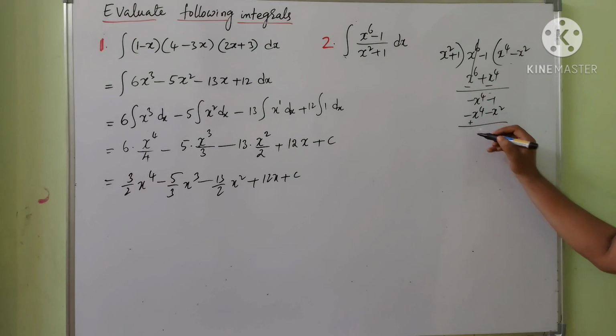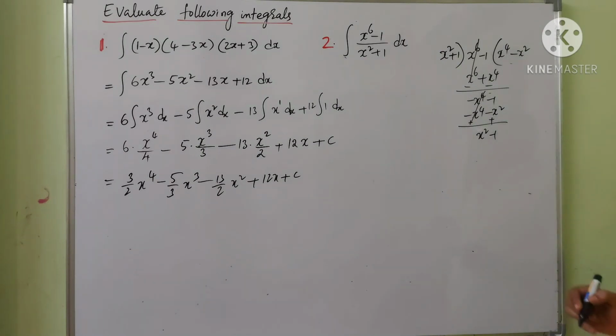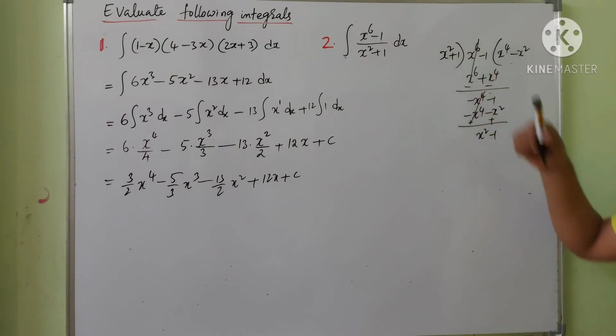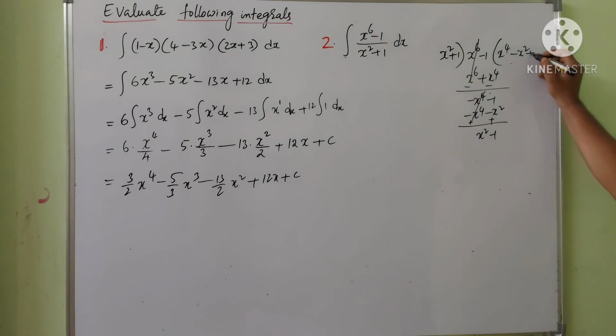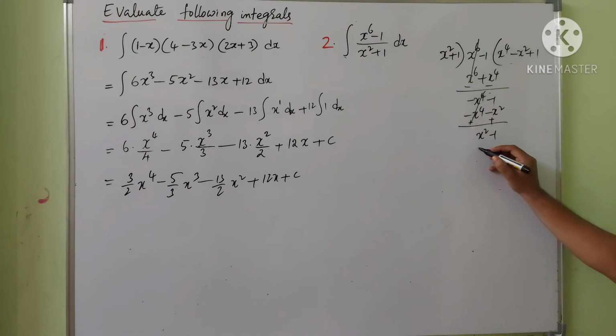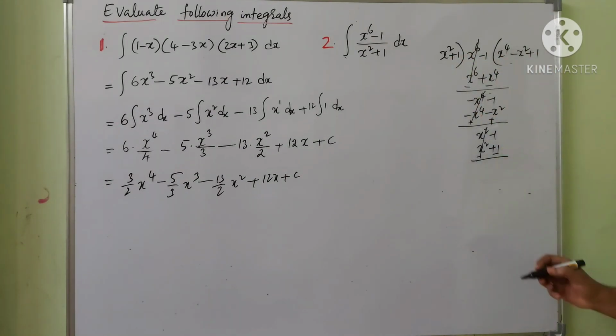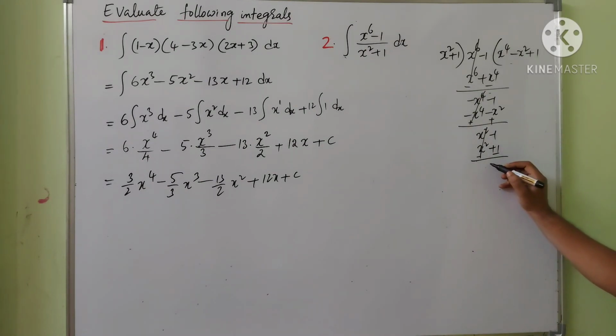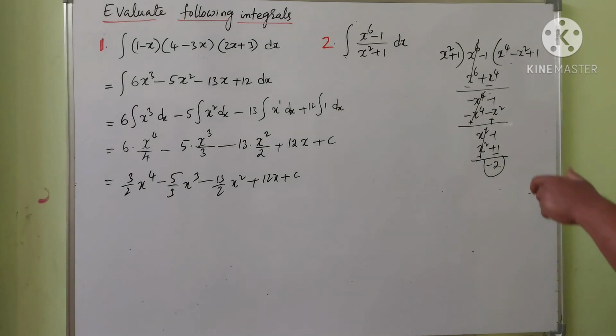Subtract; when you subtract, it becomes plus, it becomes plus. These two get cancelled. This is plus x square minus 1. Now this is x square and this is also x square, so just multiply with 1, you will get x square plus 1. Subtracting, minus minus cancel, you will get minus 1 minus 1, minus 2. This is the remainder. This is called actual division.